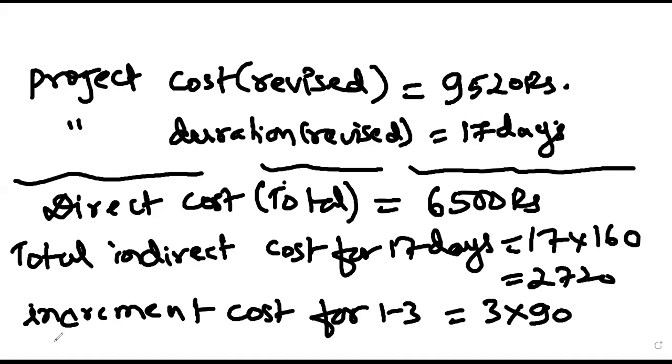That is the revised project cost. It will be 9,490. Sir, the penalty cost is not there, it is 17 days. So the penalty cost won't come. No, not there. You have to total the project cost.